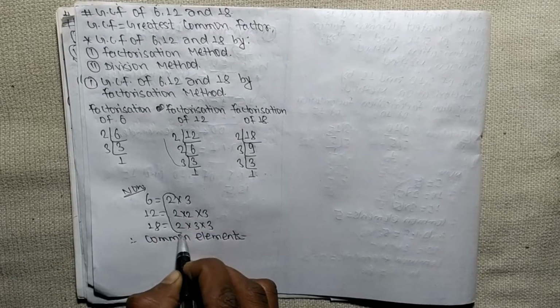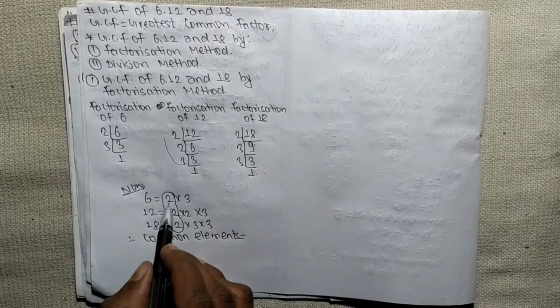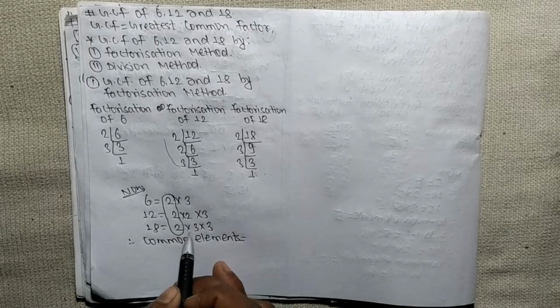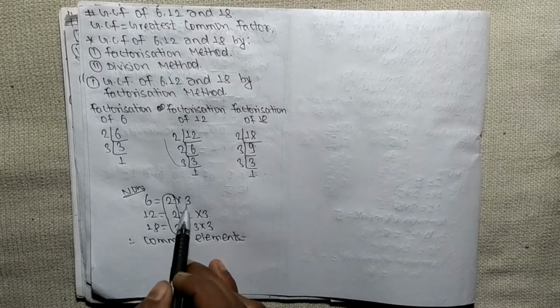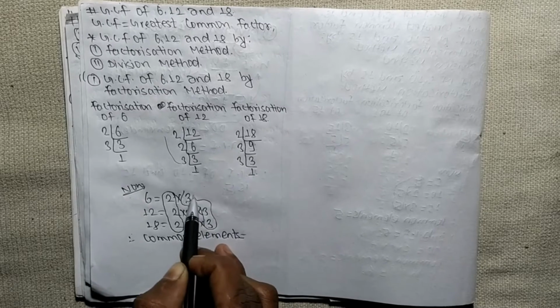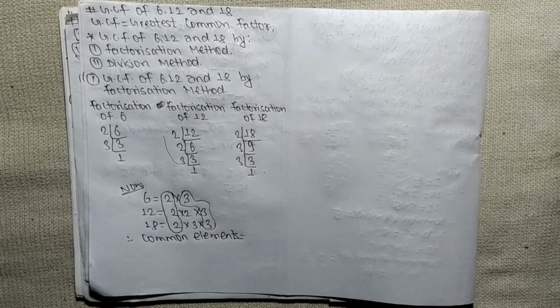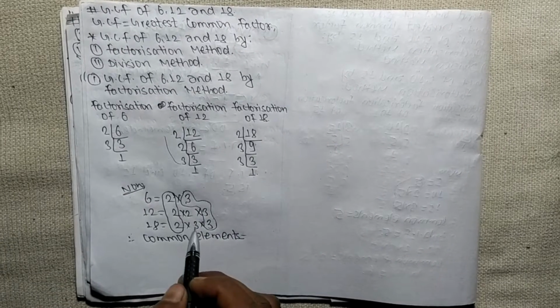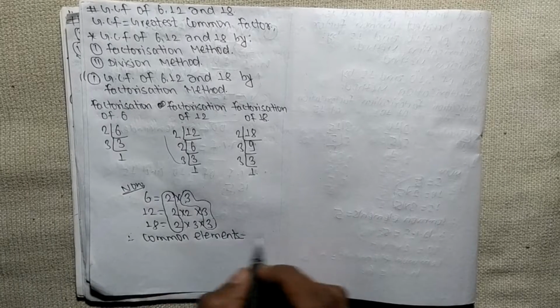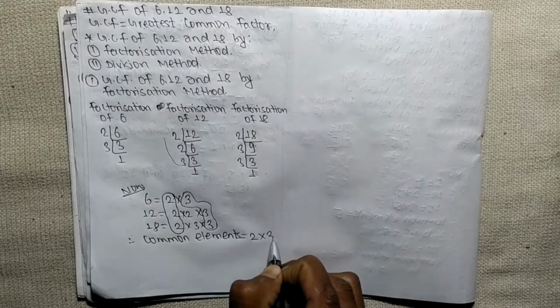First of all, 2 is the common element which is present in all three numbers. Now is there another number common? Yes, it is 3, 3 and 3. So 3 is the common element. Now there is no other common element in all these three numbers. So the common elements are 2 and 3.